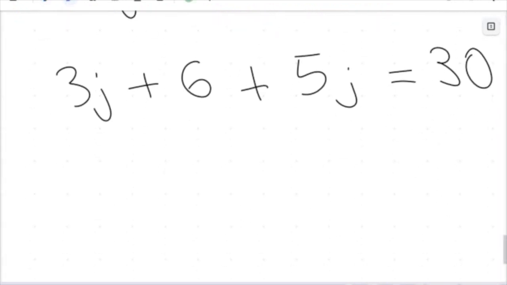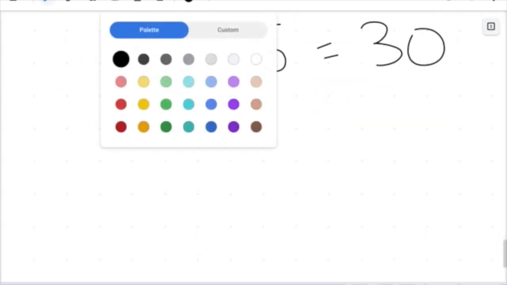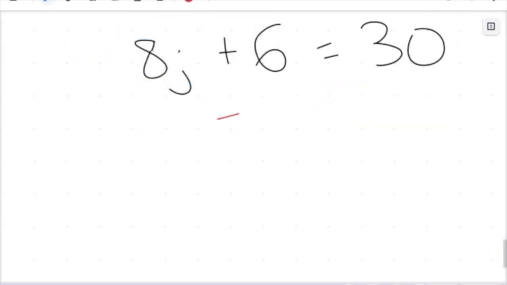And now I can see I have two like terms here. So I want to add these two together. 3J plus 5J gives me 8J. Plus 6. There's nothing more we can do with this 6 on the left-hand side, so we're just adding it here. Equals 30 on the other side. And now it just becomes a matter of solving the equation.